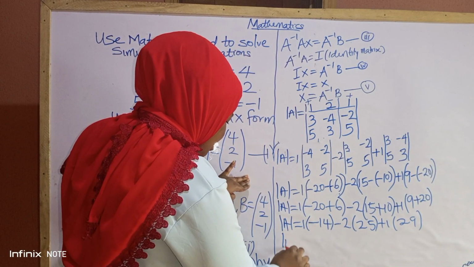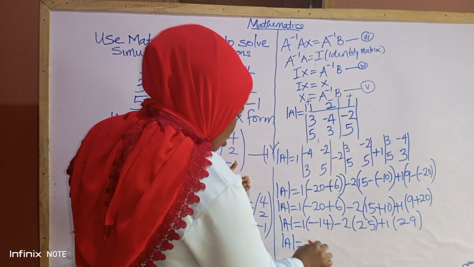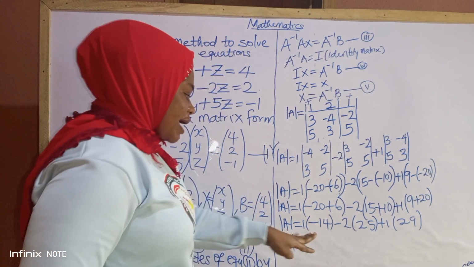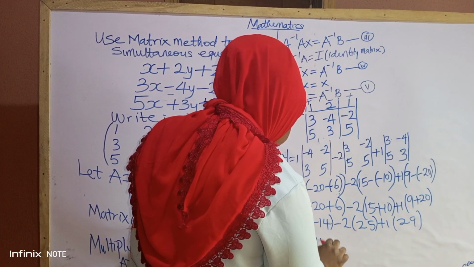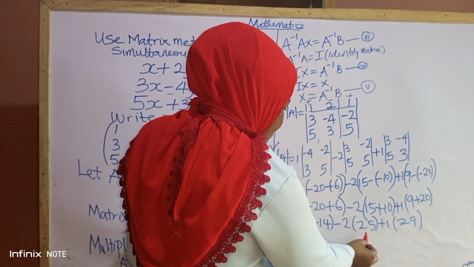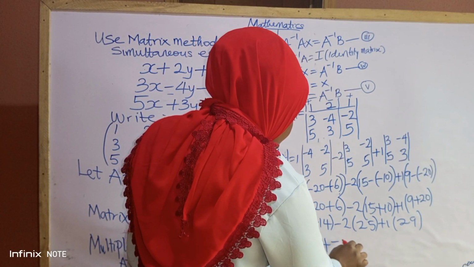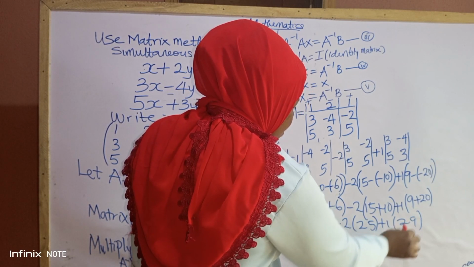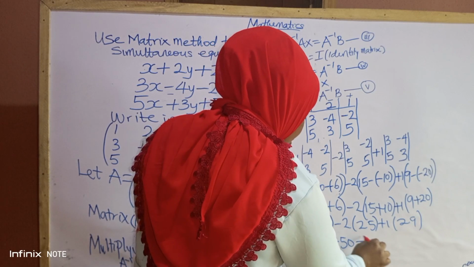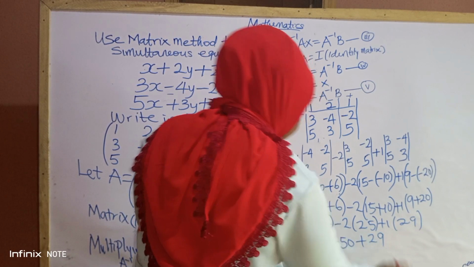So our determinant of A will now be equal to 1 multiplied by minus 14 gives me minus 14. Minus 2 multiplied by 25 gives me minus 50. Plus 1 multiplied by plus 29 gives me plus 29.